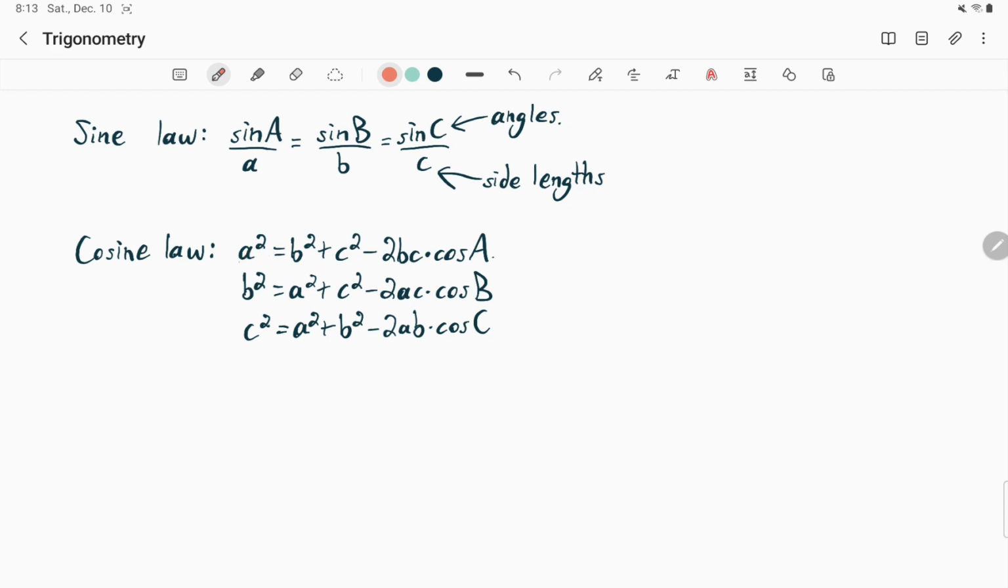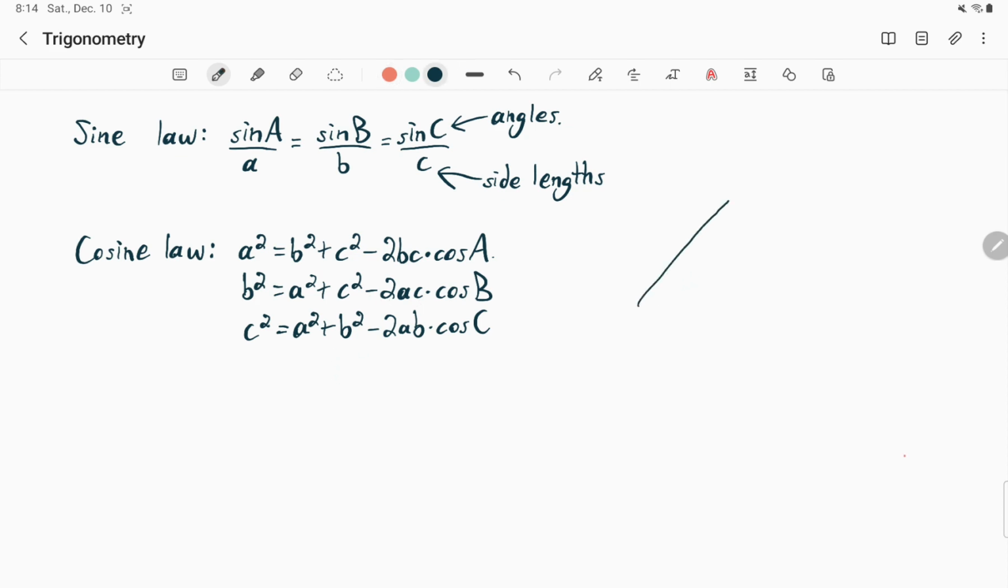Whatever side length we're looking for, A, there's always going to be big angle A on the other side. If you are looking for a side length, the other two side lengths have to be the only side lengths on the other side of the formula, so it wouldn't make sense if we had A on this side because we're looking for A. Here we're looking for B, so there's only A's and C's, etc.